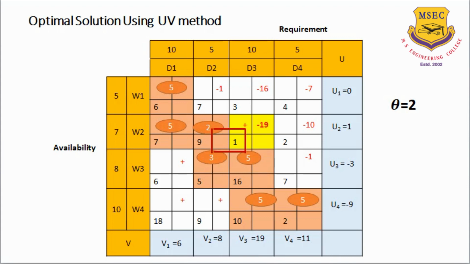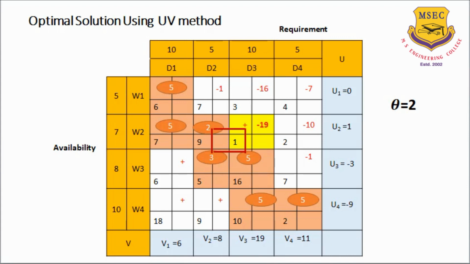Now if you look at the negative cells, you have 2 and 5, and amongst them the minimum is 2, so we take theta is equal to 2. That means 2 will be added and 2 will be subtracted in this particular matrix.